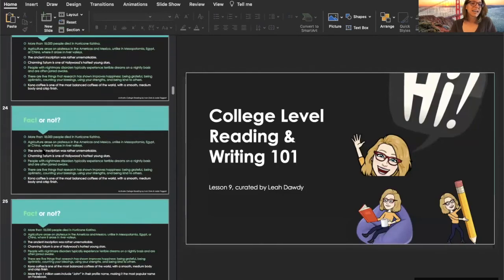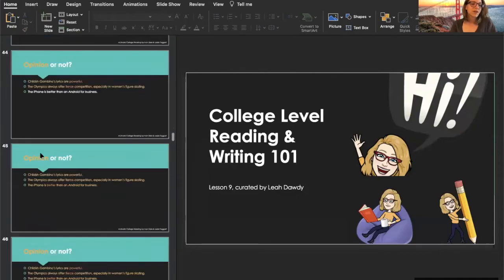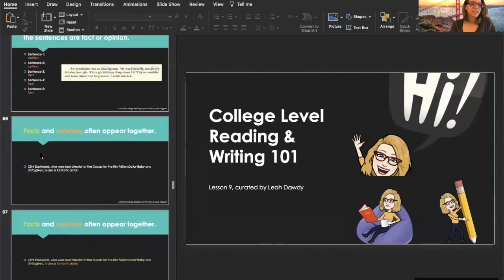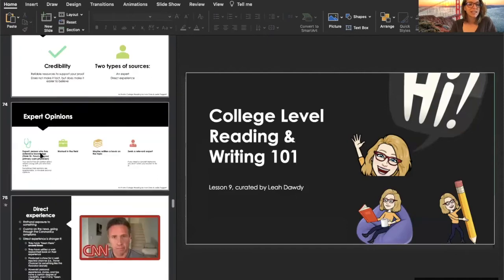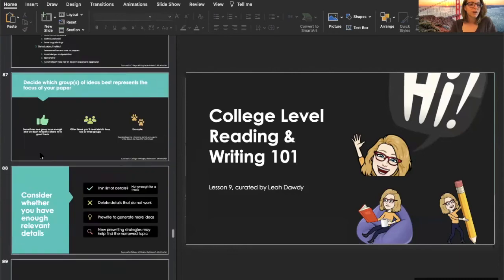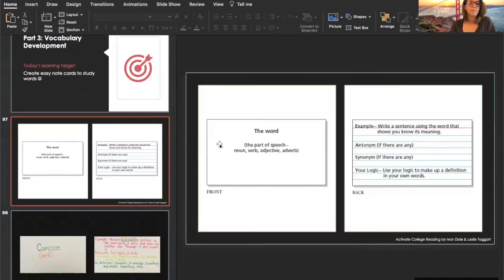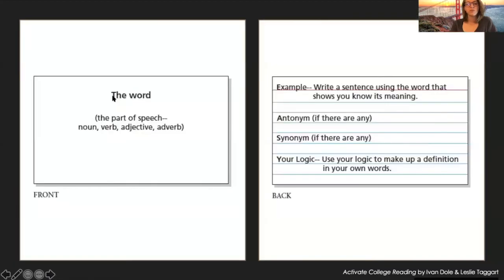This is from my English 103 course where we talk in depth about acquiring English and paragraph writing and all those things. And my note card strategy is here. So you can put the word on top and its part of speech on bottom so that you know how to use it.